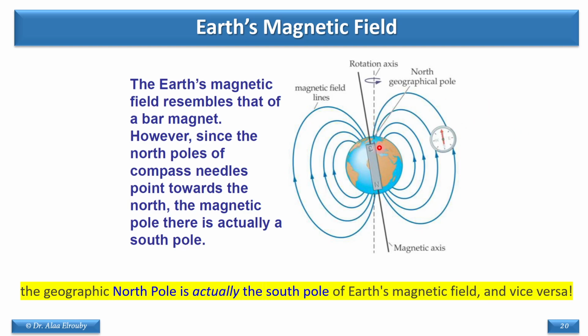Now let us look at the geography of Earth. What we call the north pole is actually the south magnetic pole of the Earth. So the geographic north is physically the south pole of the magnetic field of the Earth. Why? Because the field direction is this way, which means when you have a compass, the compass is pointing to the north side, which means the magnetic field is going in.